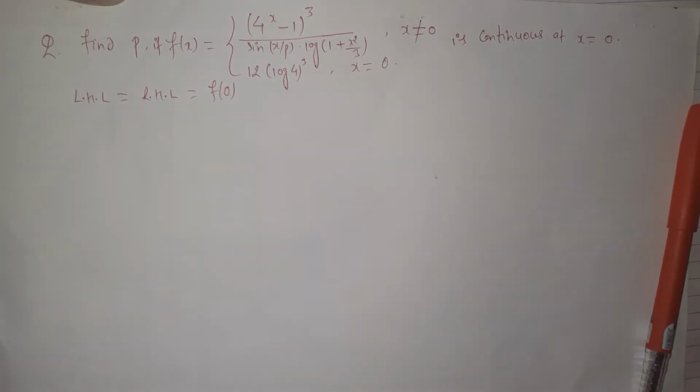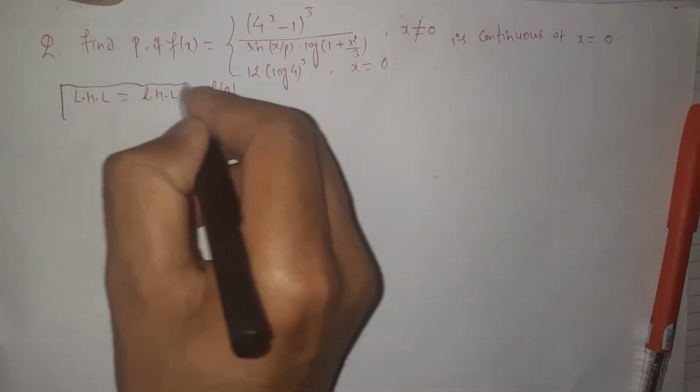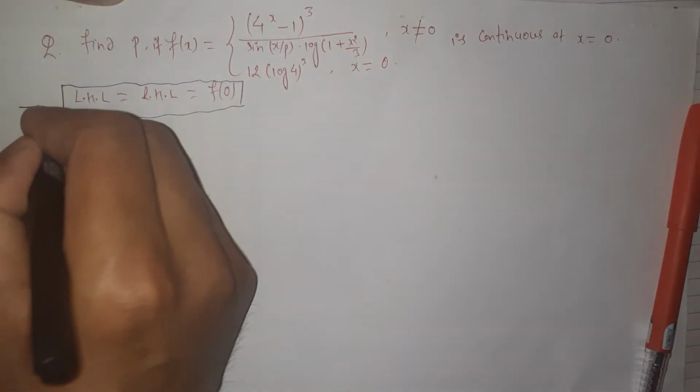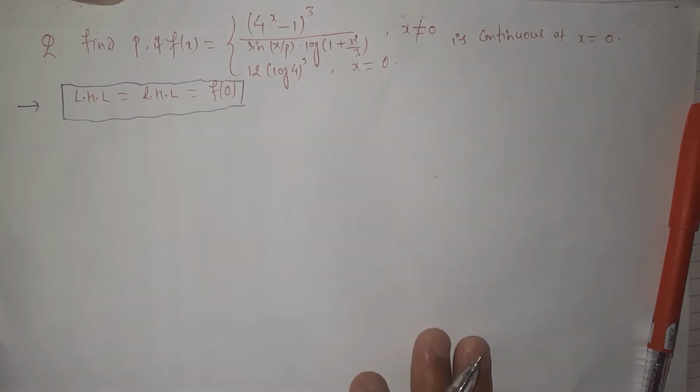All three should be equal for the function to be continuous.